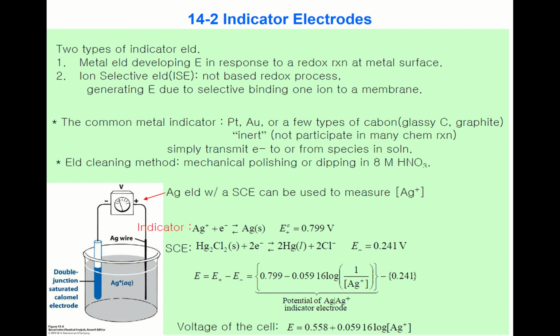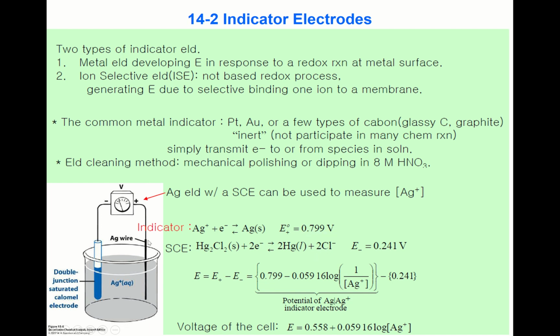In the solution, the silver metal ion is there, right? So what is the electrochemical reaction? Silver ion accepts one electron to become silver metal. The standard reduction potential is 0.799 volt.